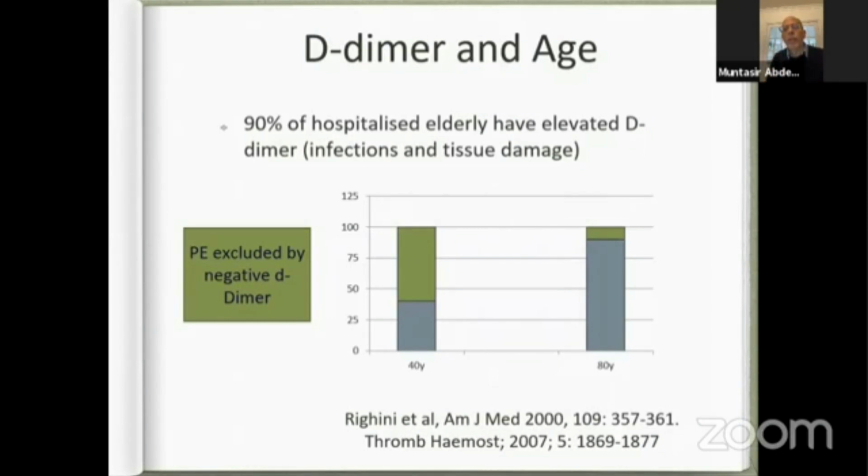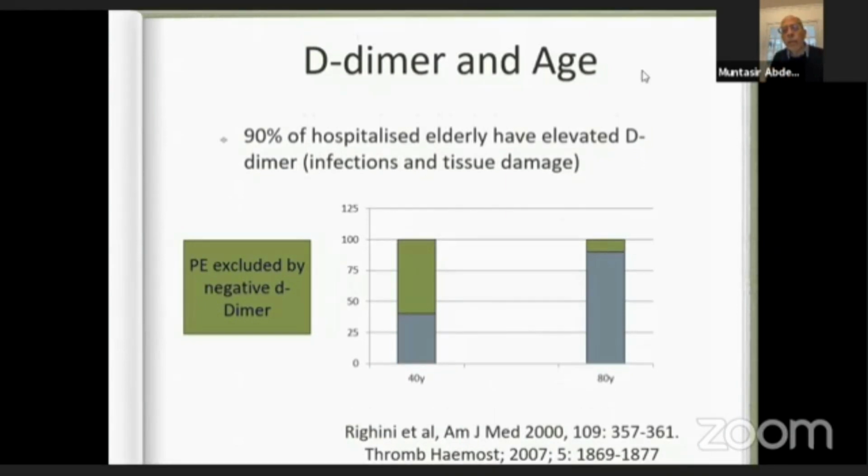And the green part is the number of patients with positive D-dimer and positive PE. And you can see, although there is a big number of patients who had positive D-dimer, only a small percentage had pulmonary embolism. So the specificity of D-dimer is less with old age.